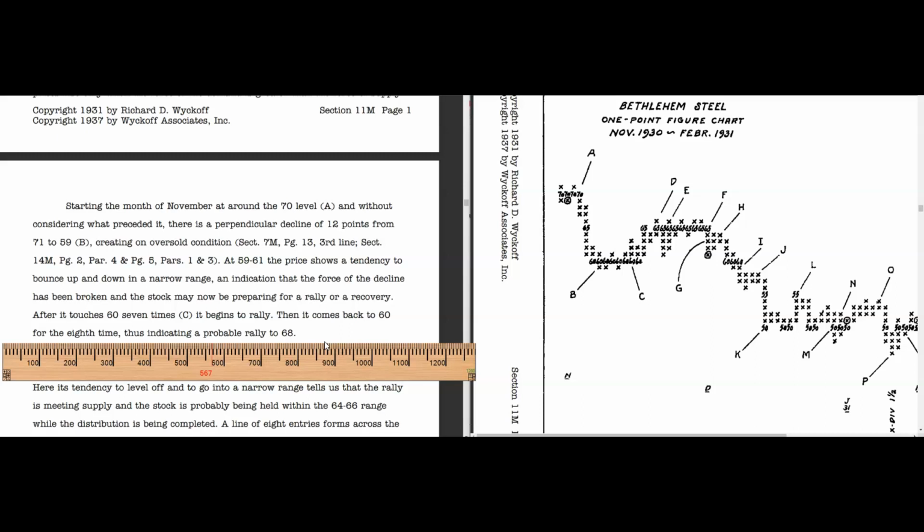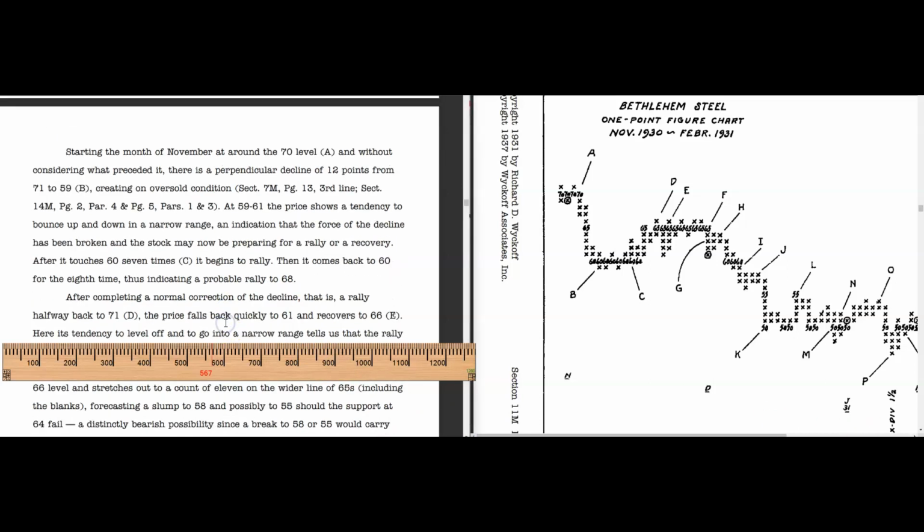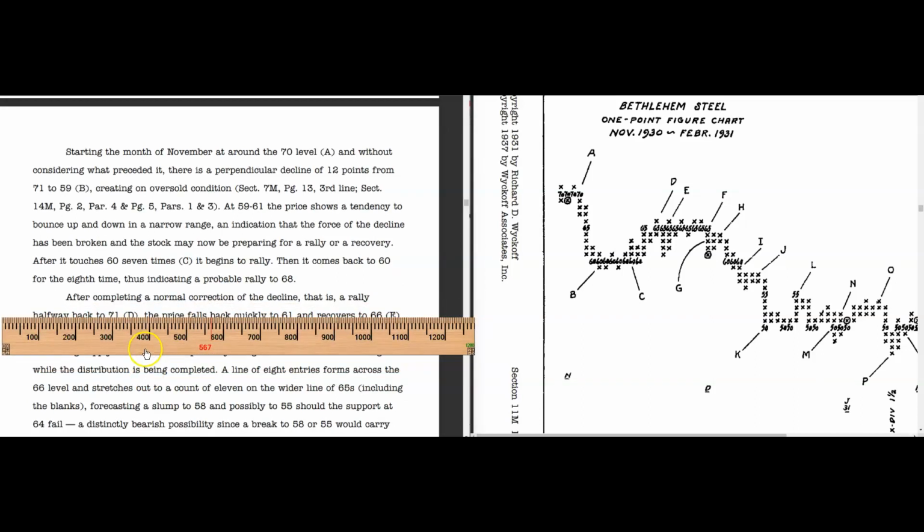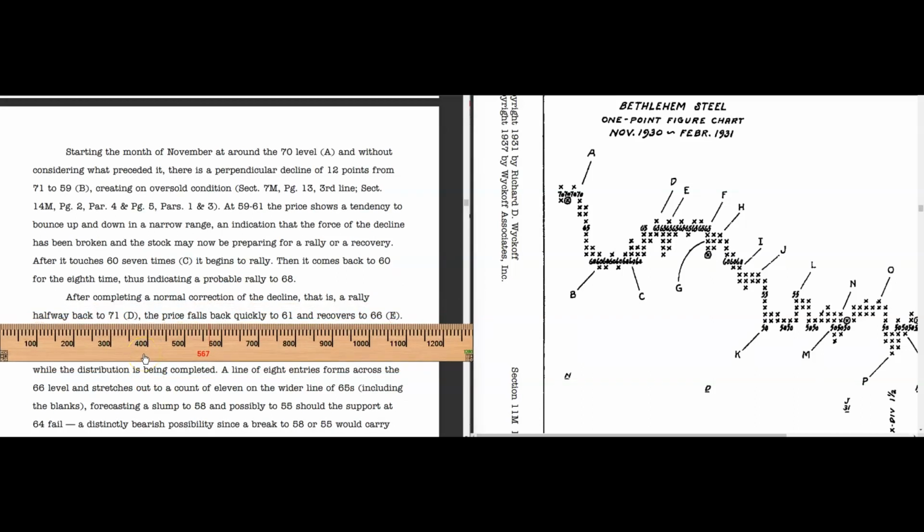Or if you take the low, which is 59, it would be around 67, right? Where does it go? It goes to 66. So after completing a normal correction of the decline, that is a rally halfway back, a 50% retracement to 71.